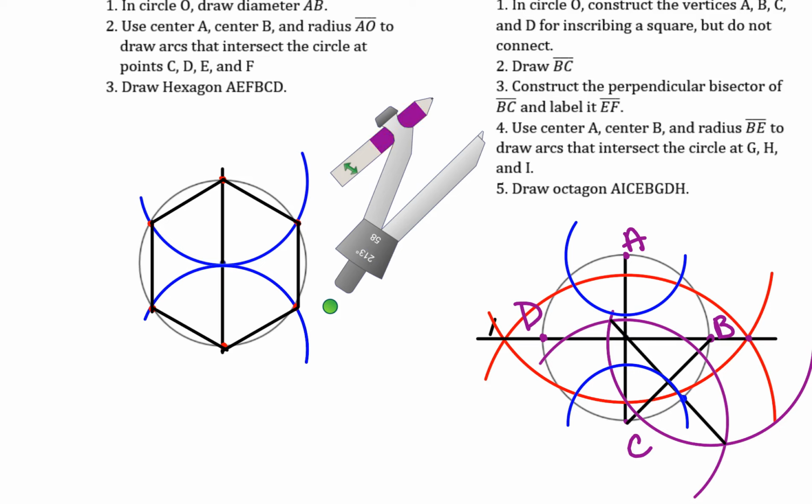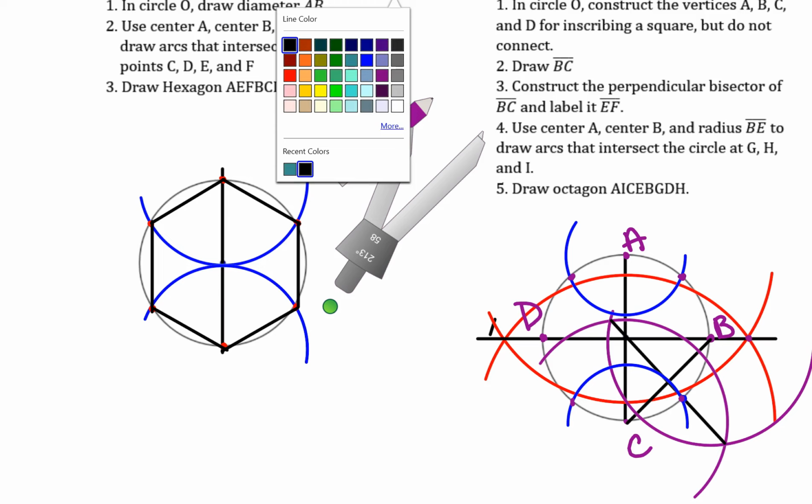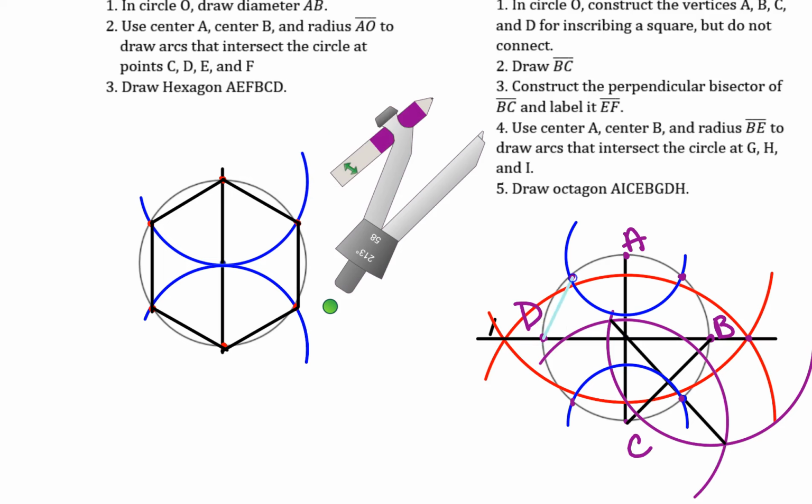So if I outline these all in purple, see how I had A, B, C, and D? Now I also have a vertex here, here, here, and here. So that's all 8 vertices of my octagon. So I will outline this in a color I haven't used yet. This light greenish color looks pretty. And I'm just going to go around and do this.